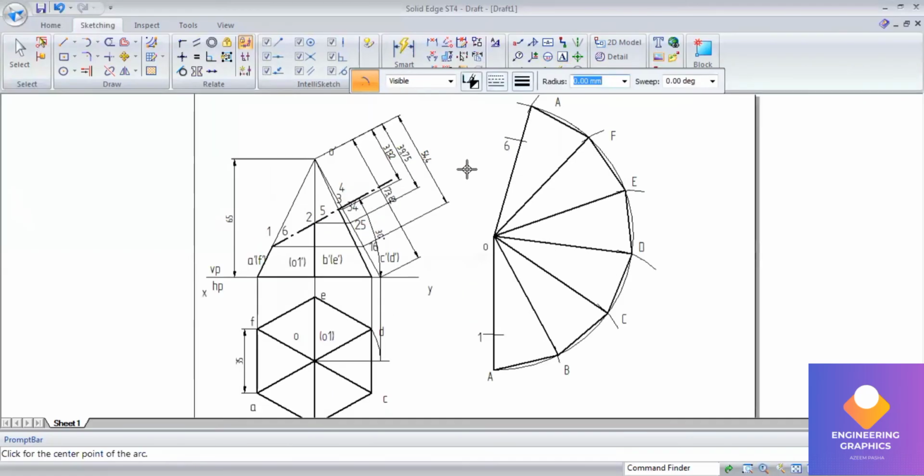Okay, now we can cut the arc points here by measuring the length here. So 2 and 5 are cutting at a distance of 39.75.